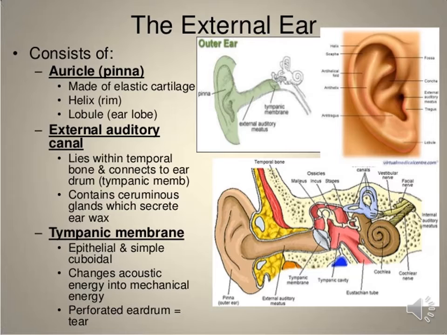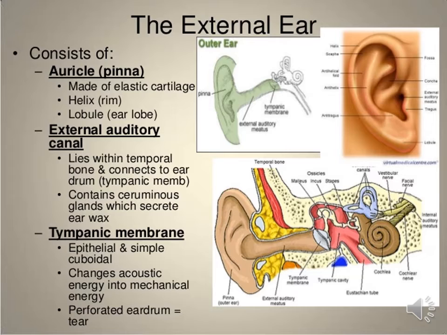We start with the external ear. The external ear consists of the auricle, pinna, the external auditory canal, and the tympanic membrane. The auricle, the pinna, is made of elastic cartilage that consists of helix, lobule, and earlobe.